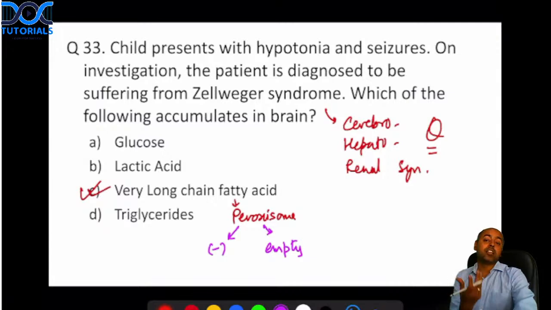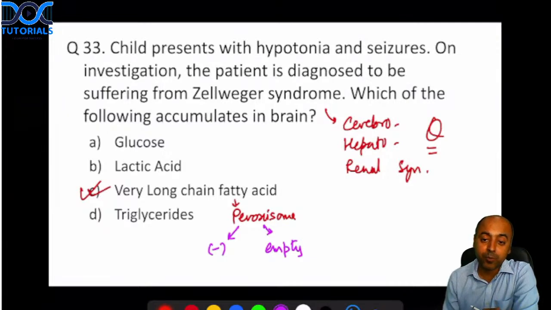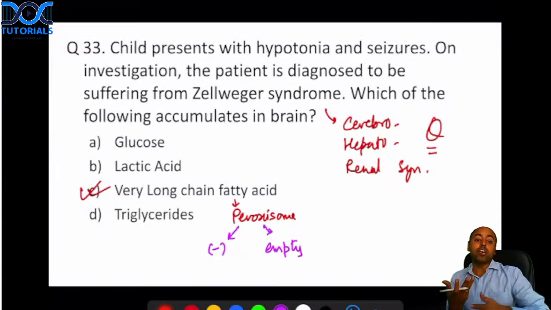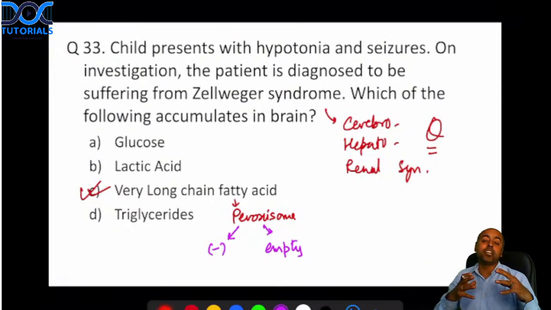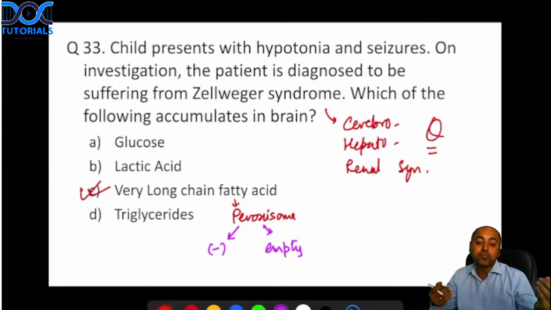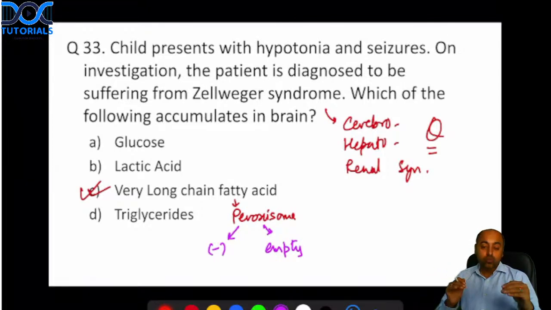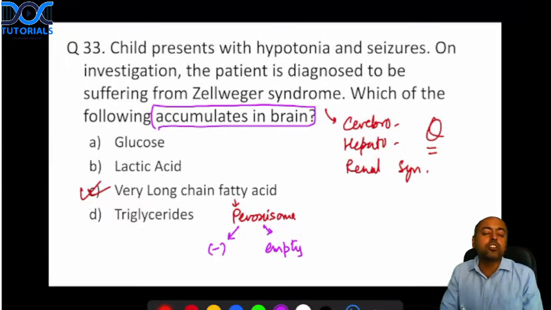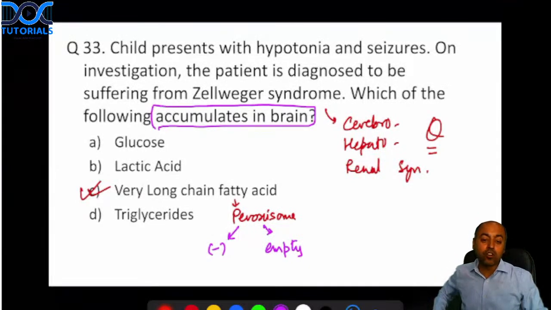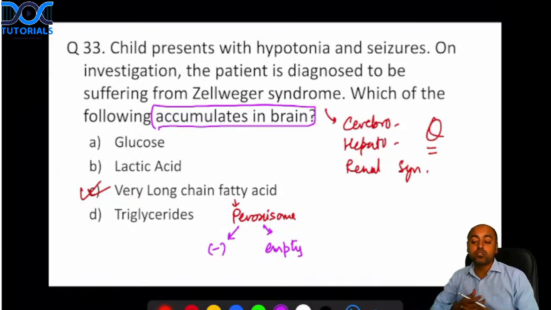In that case, we get the Zellweger syndrome or the cerebrohepatorenal syndrome. The VLCFA are to be metabolized inside the peroxisome. If the peroxisome is not working, VLCFA will start accumulating. Most of the VLCFA in our body is present in the CNS, so the accumulation occurs in the CNS. The other tissues have a very limited amount of very long chain fatty acids, so accumulation is also pretty limited.